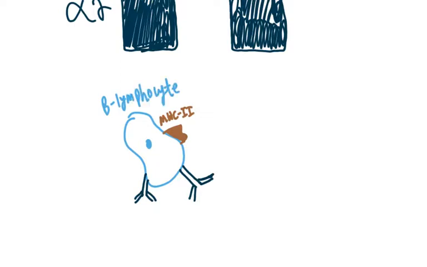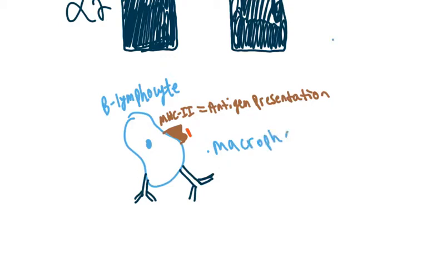Here we know that MHC-II complexes are mostly used for antigen presentation among some white blood cells that are professional antigen presenting cells, like our B lymphocyte, like our macrophage, and also like our dendritic cells, and also what I think of as a Langerhans cell.